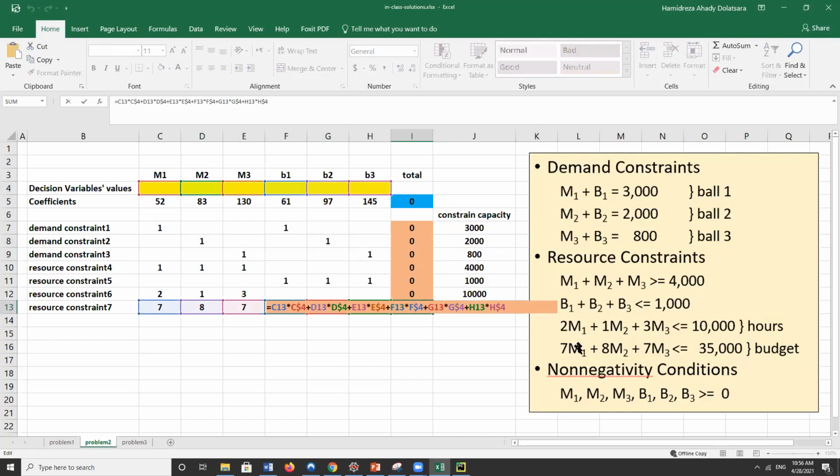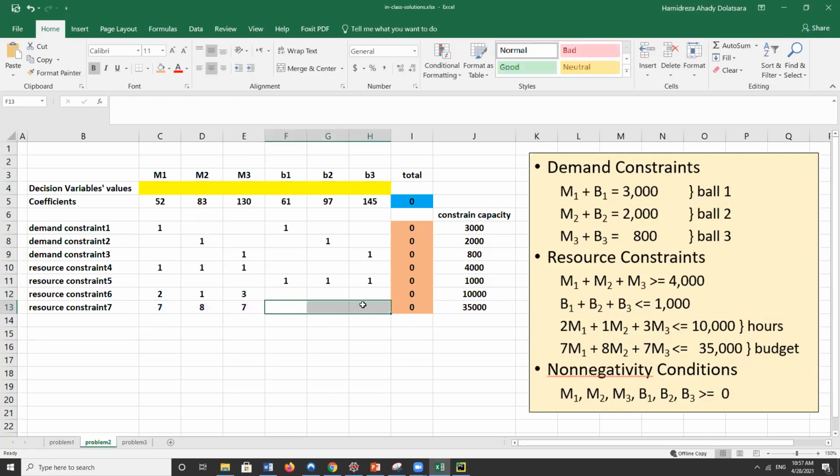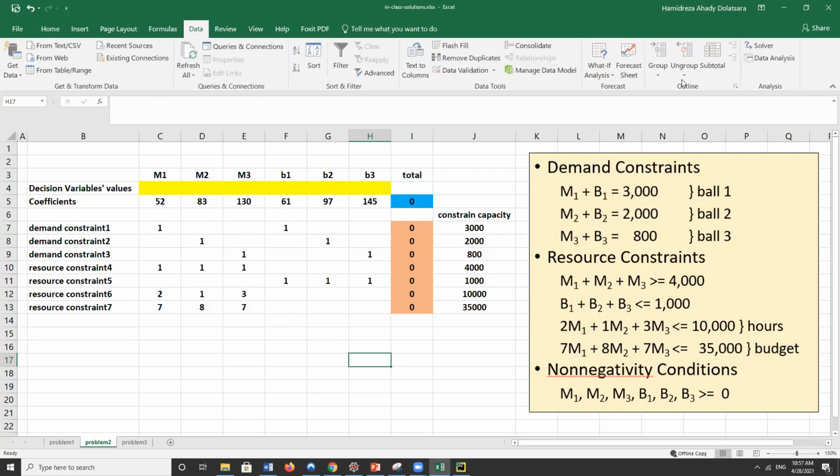It is 7 times M1, but M1 is empty; we don't know this decision variable yet. 8 times M2 means D13 times D4, plus 7 times M3, which is E13 times E4. The remaining are 0, so you don't even need to type them. So let's go to the Solver.